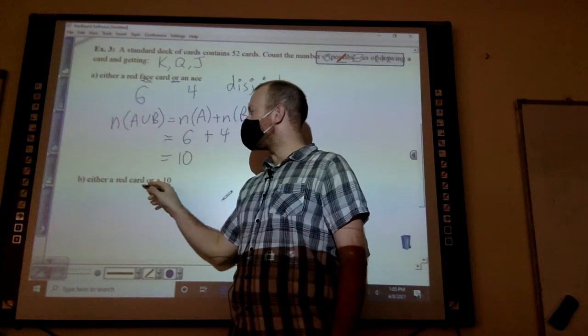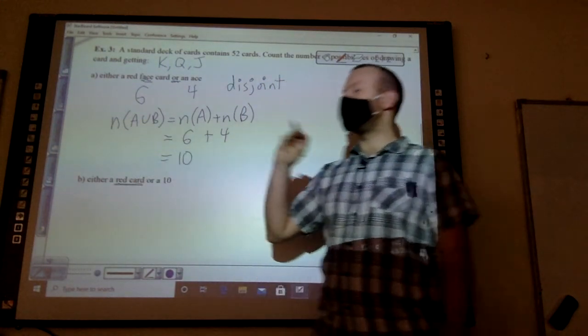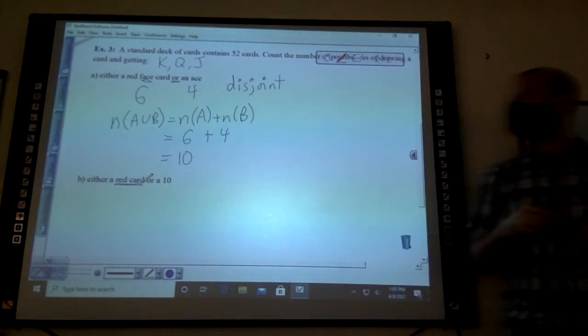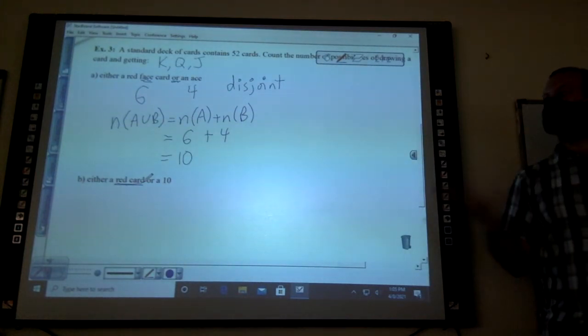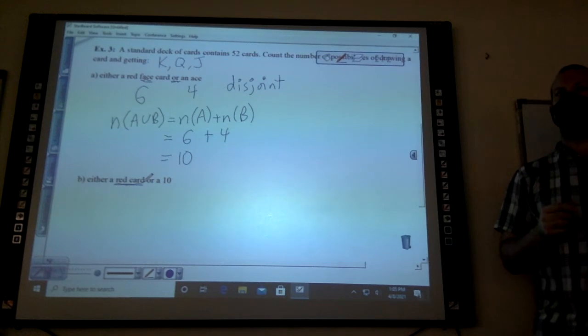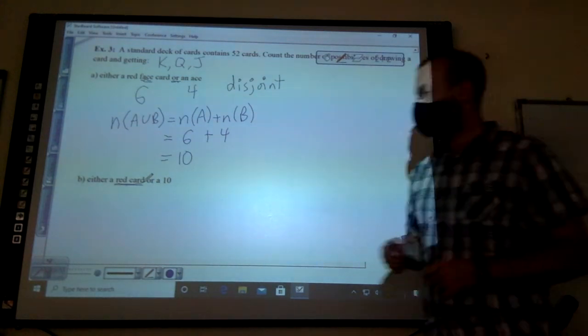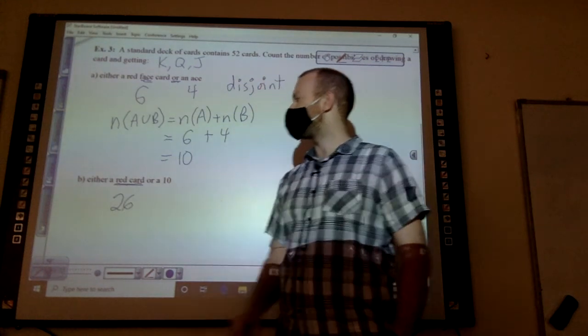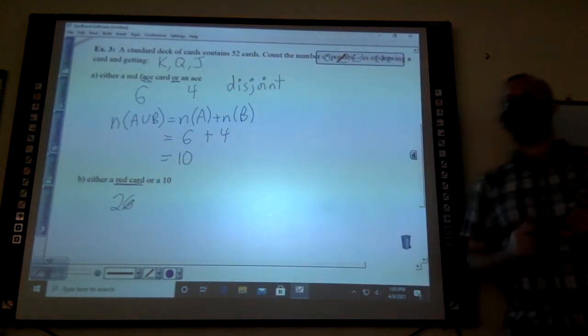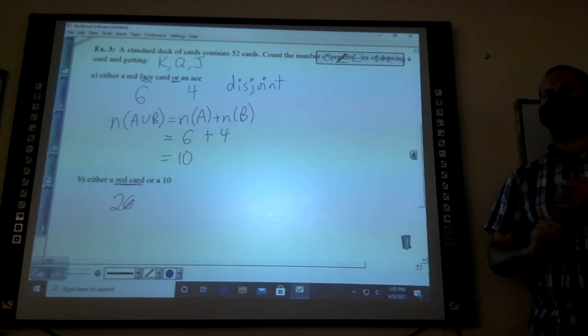So in thinking about a deck of cards, how many red cards do we have? There's 52 total. So half of them are going to be red, half of them are going to be black. So it's half and half, so the number of red cards is 26. All the hearts, all the diamonds.